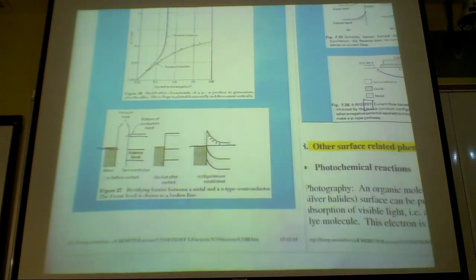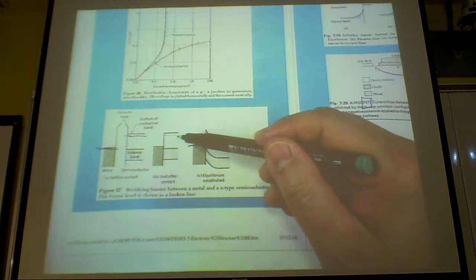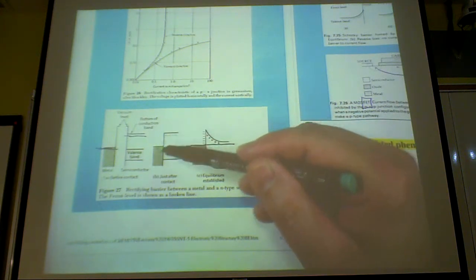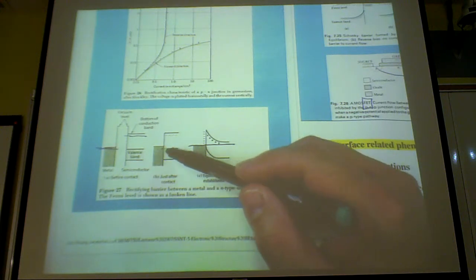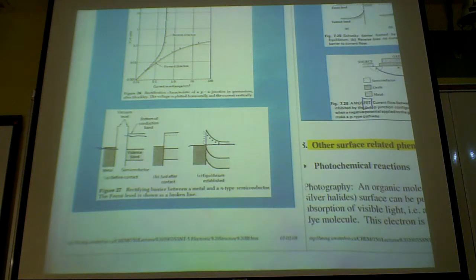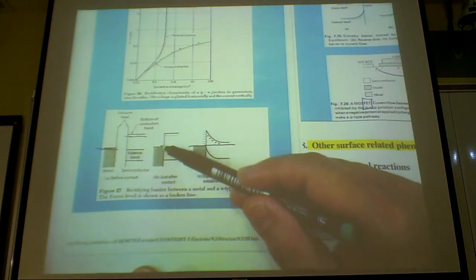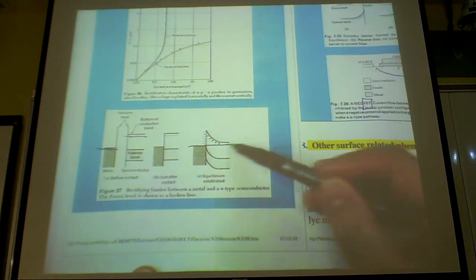This is the Fermi level of the semiconductor, and in the case of metal, the Fermi level is just the top of the metal's electron band. The Fermi level has to lower, and this has to raise, and then they reach equilibrium like this.